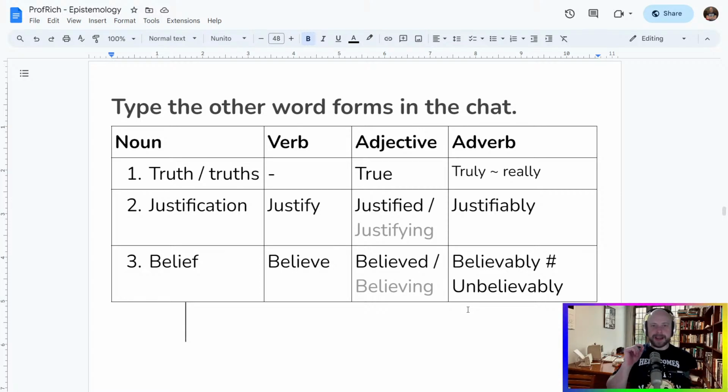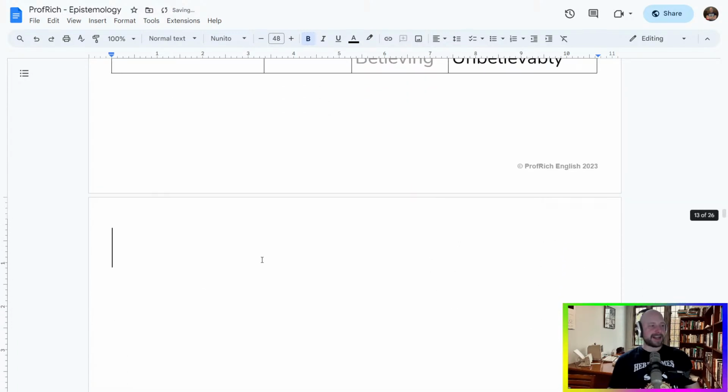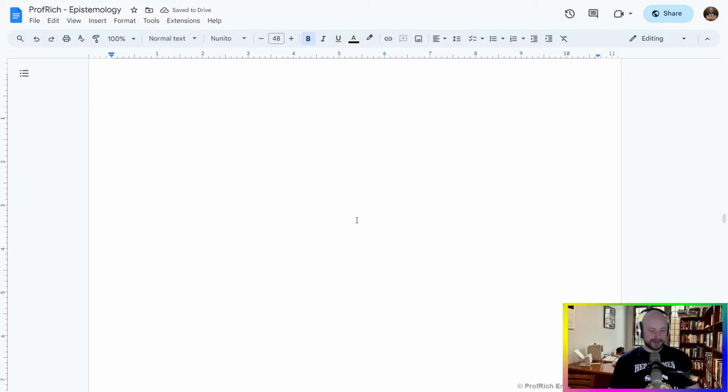Verify is when you are checking to see if something is true, but justify is when you are providing evidence to show that it's true.